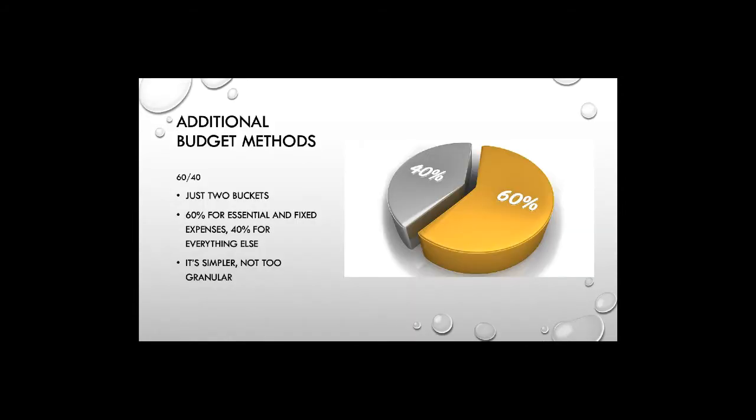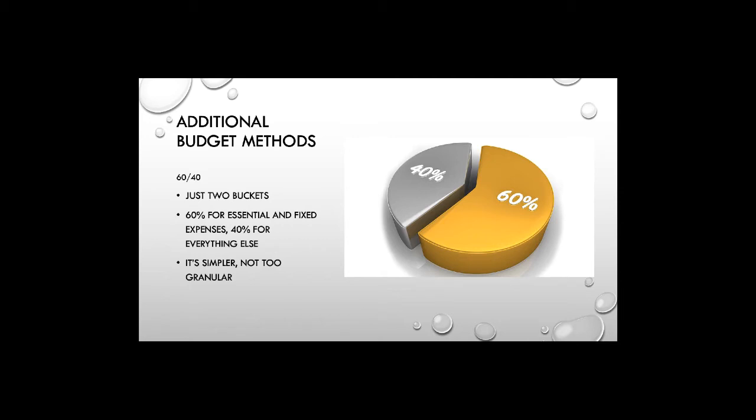So not spending an enormous amount of time, and I haven't given you too many resources on this, but there is something called the 60-40 method. As you can see, you basically just have two buckets. You have essential and everything else. And so you account for 60% of your income for essential and fixed expenses, and then 40% is everything else.